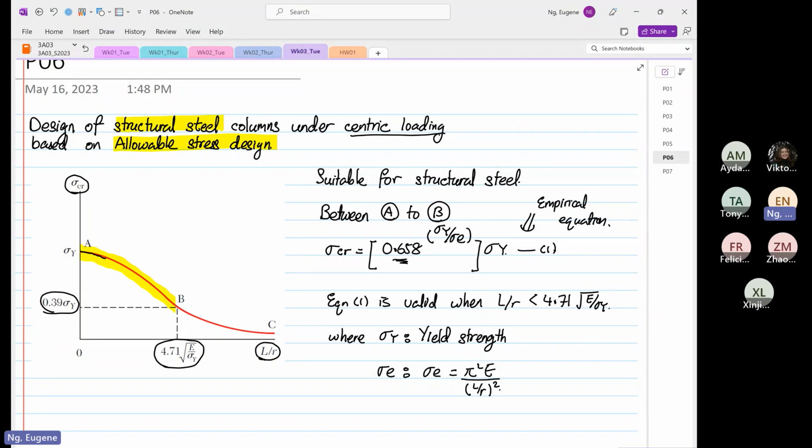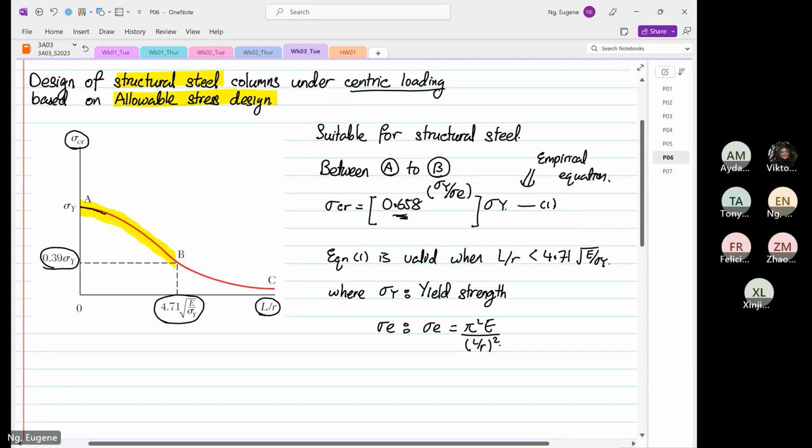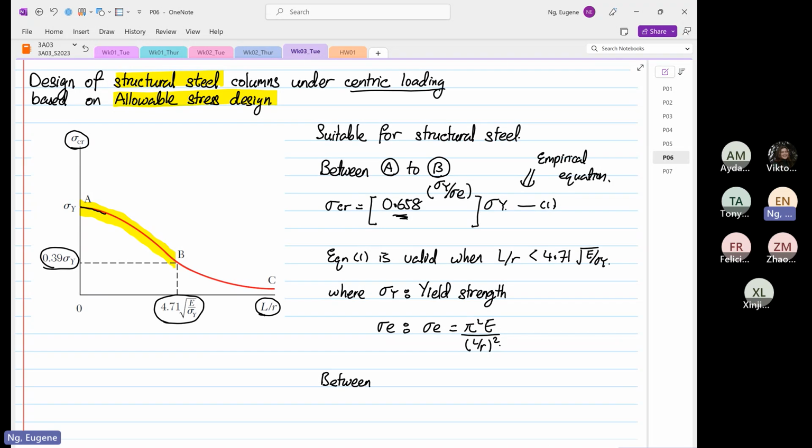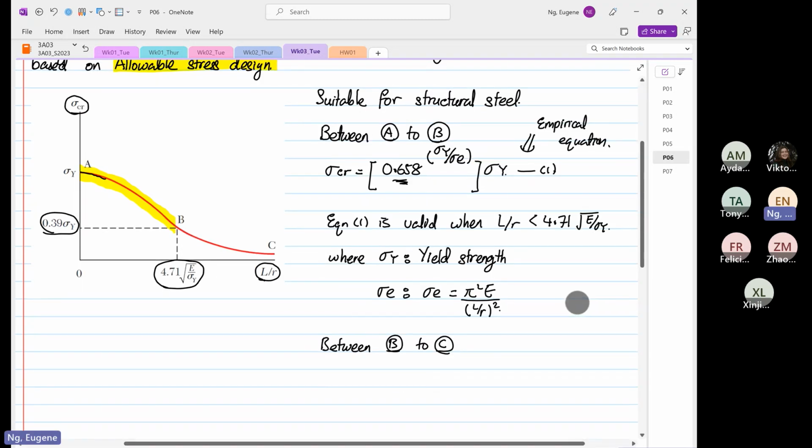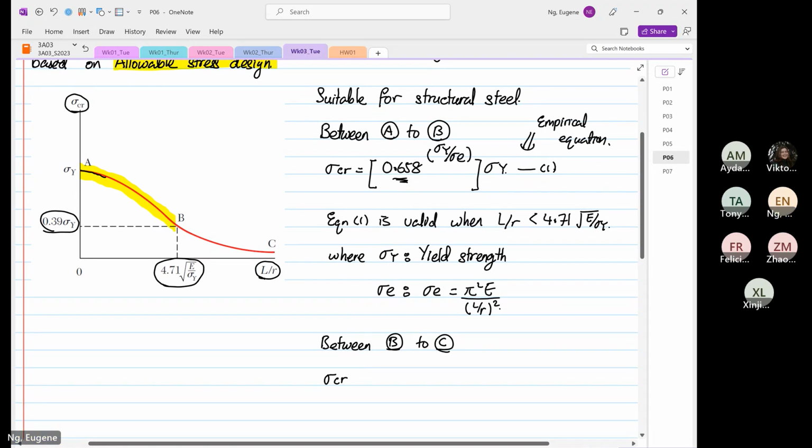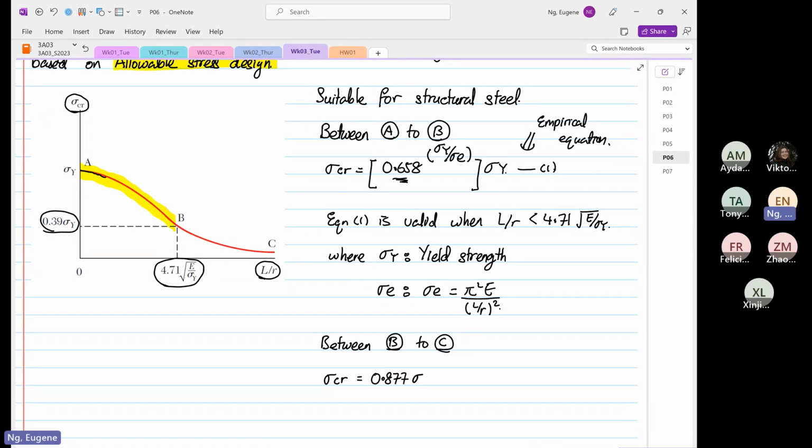This equation over here, all of you are very familiar with. Then between different limits, between point B to point C, the stress critical will be equal to 0.877 stress E. This is our equation 2.